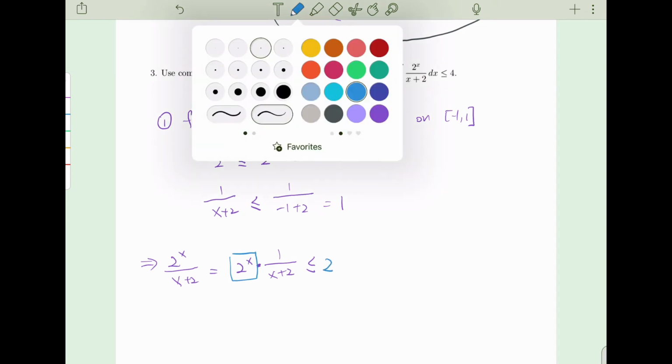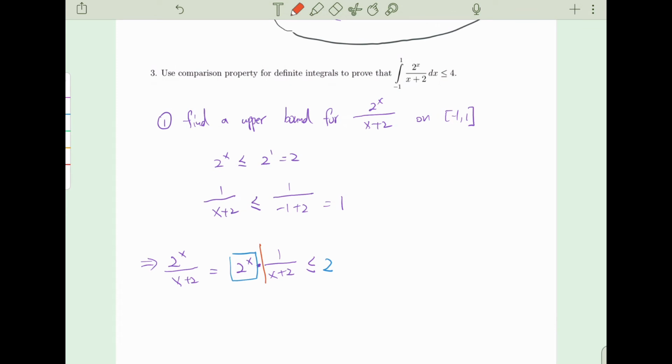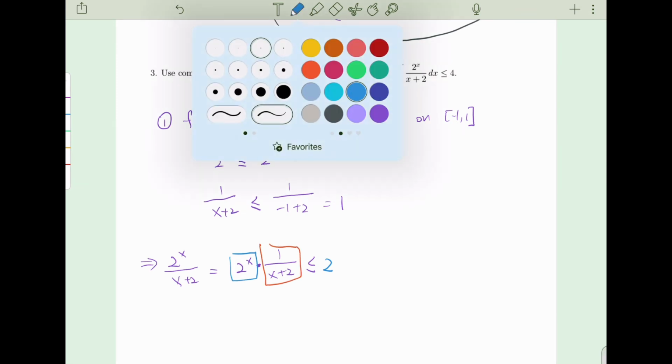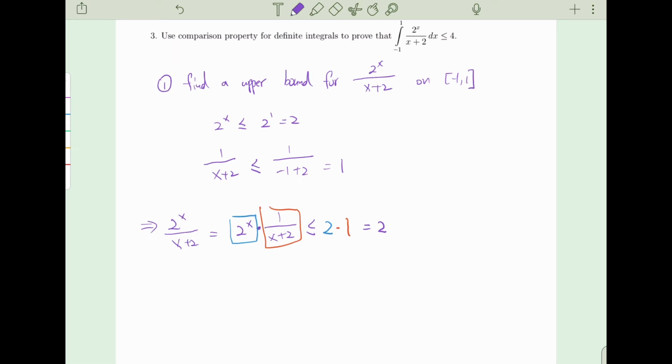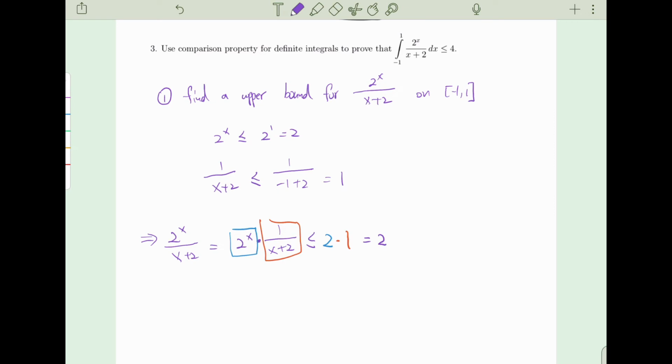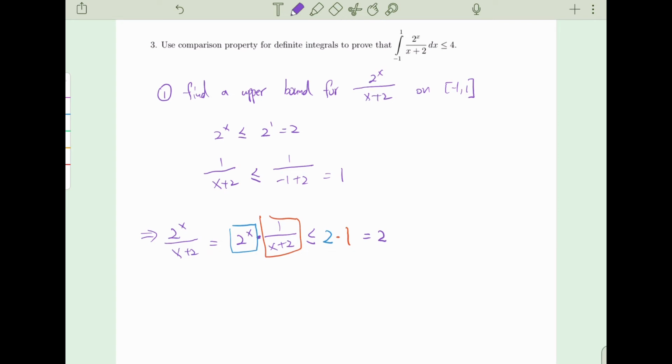And for the other factor, this guy here is less than 1. So overall, the product is going to be less than or equal to 2. That is an upper bound of this function. So it means that all the rectangles inside this interval are going to have the height less than or equal to 2. Okay, so that is the upper bound.